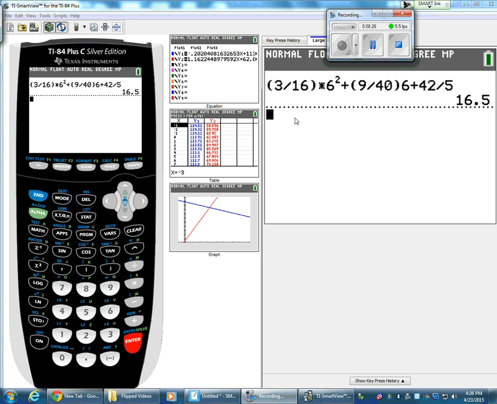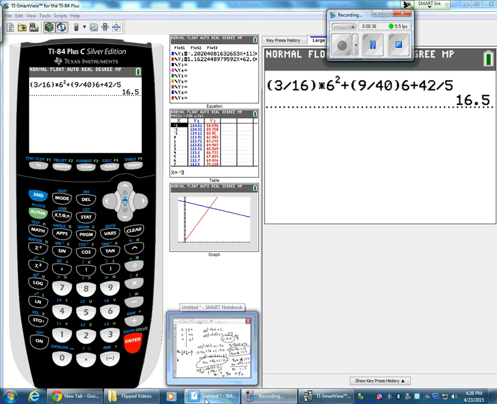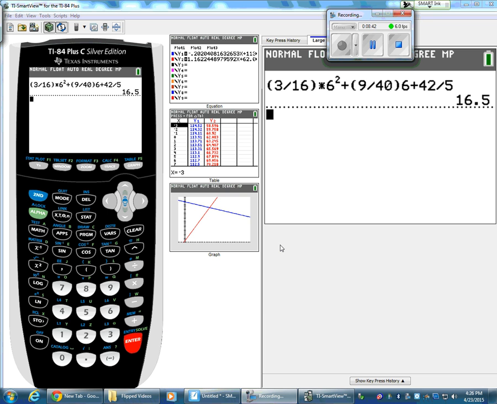I take the equation, but instead of x, I put in 6 because 2008 would be 6 years after 2002. And when I do that, I get 16.5. So that's my answer. $16.5 billion is the estimate for retail sales of coffee in 2008.